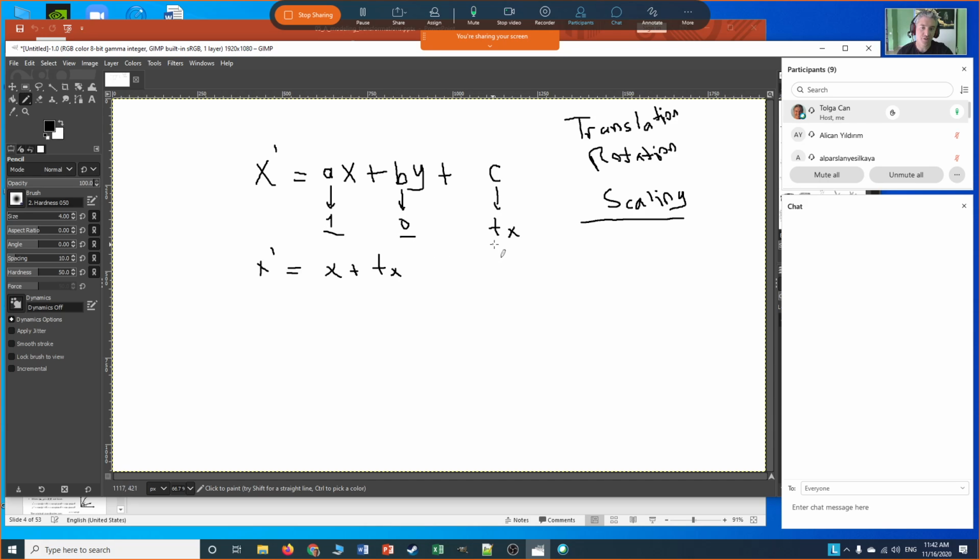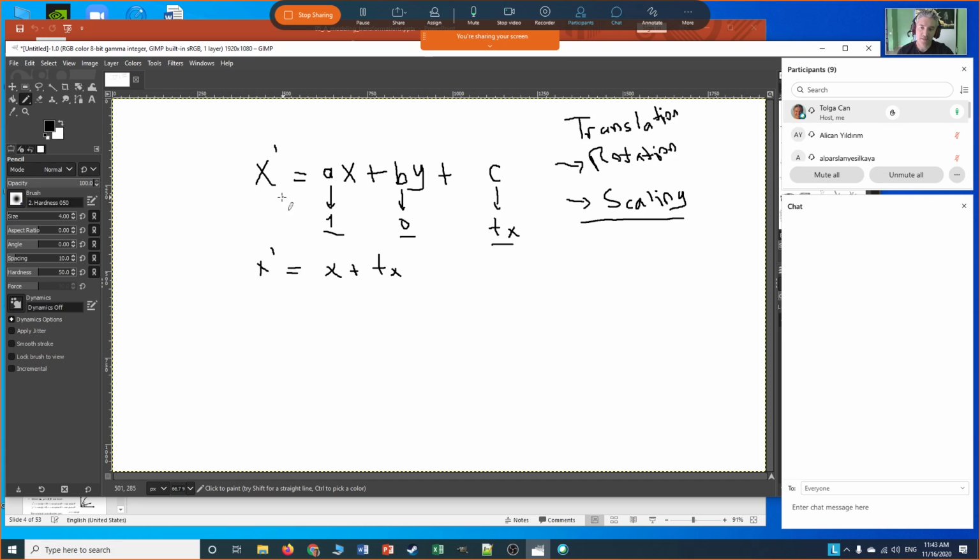Here for translation, the coefficients are 1, 0, tx for x prime. But it will be different for rotation, and it will be different for scaling. But at the end, we will be able to write the new coordinate with respect to the previous coordinates as a linear combination of the previous coordinates. Therefore, the transformations that we are going to see here are linear transformations.